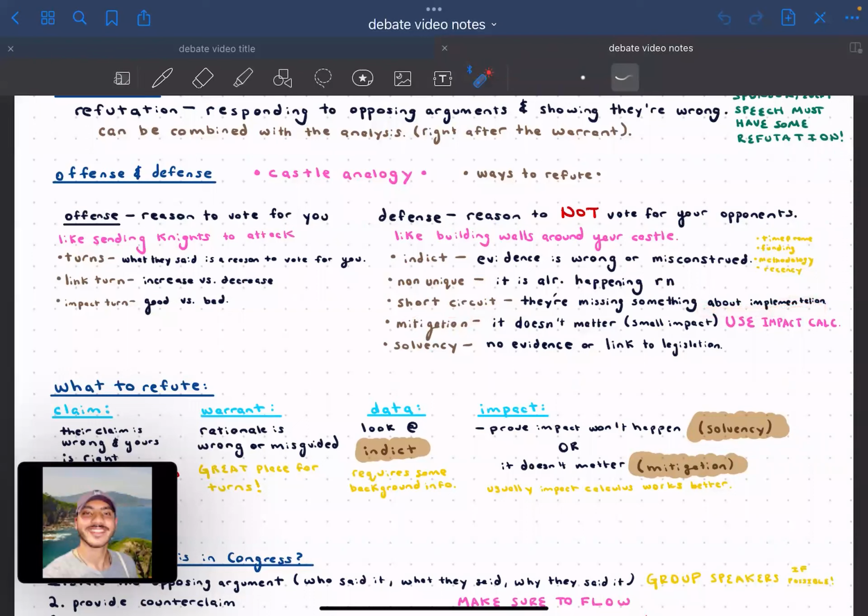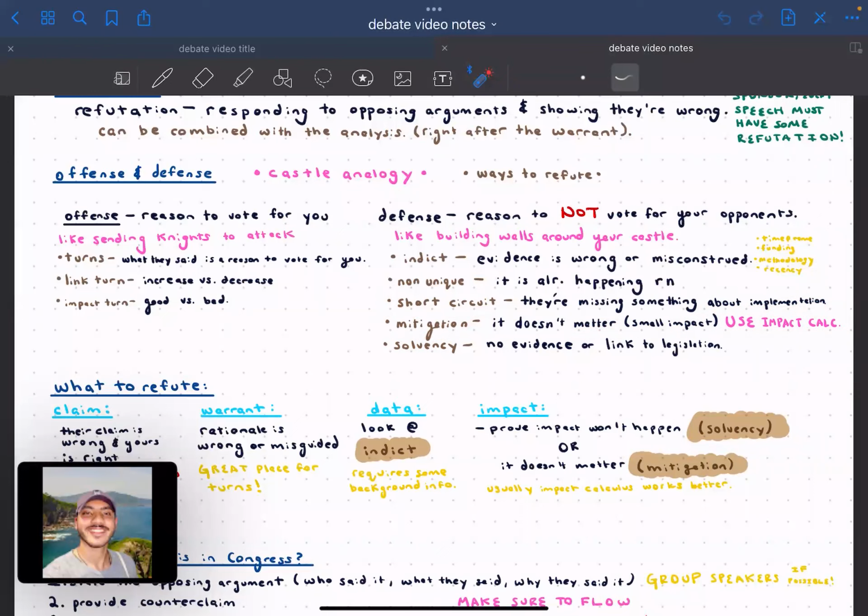Basically, they think that the implementation is going to be very smooth, but in reality, there are a lot of barriers that prevent implementation from occurring. So that eliminates the rest of their arguments. Mitigation: it doesn't matter, small impact. This is where you use impact calculus, right? This is where you show that, yes, their impact occurs, it's great, but it doesn't really matter in the long scheme of things.